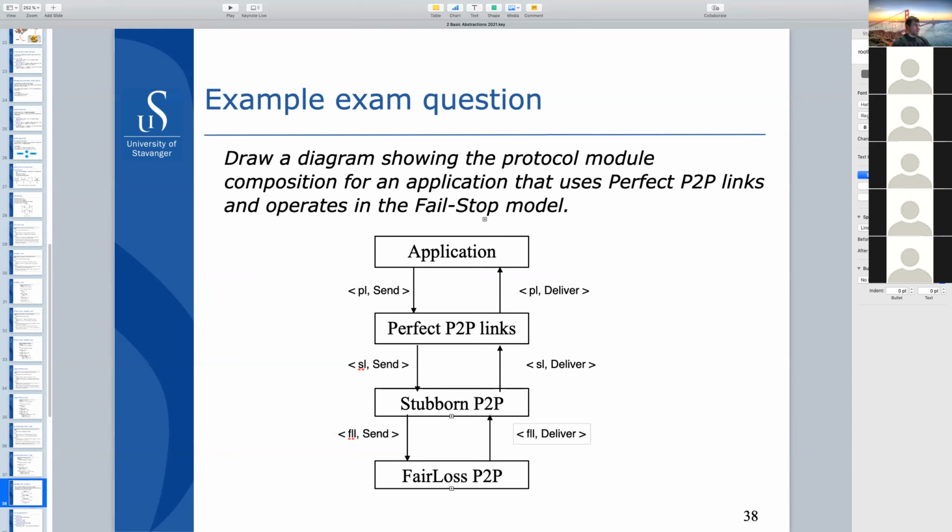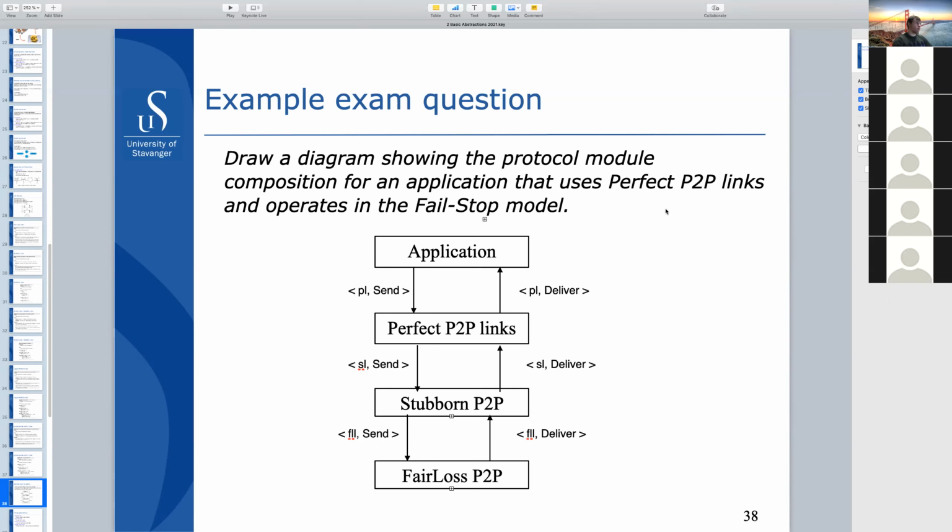So if this was the question and you were able to give such an answer, then you would get full points on this question. And typically it can be 5%, 10% of the exam, such an easy question. So any questions about that, or is it clear to everyone?